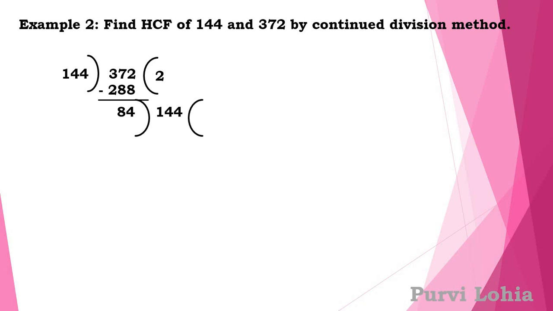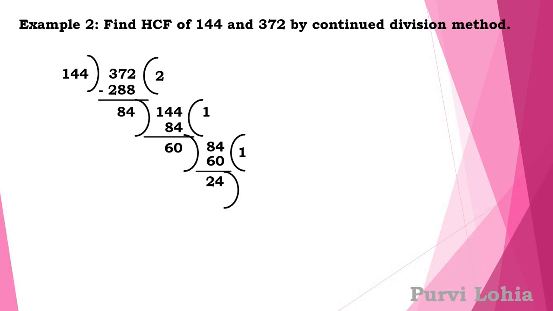So, how many times? Correct, 1 time, 84. The remainder will be clearly 60. Now again it will become the next divisor and 84 will become the next dividend. Again 1 time, so the remainder will be 24.